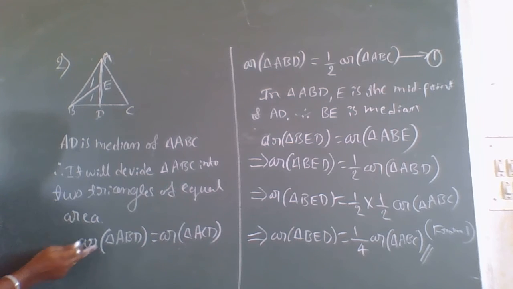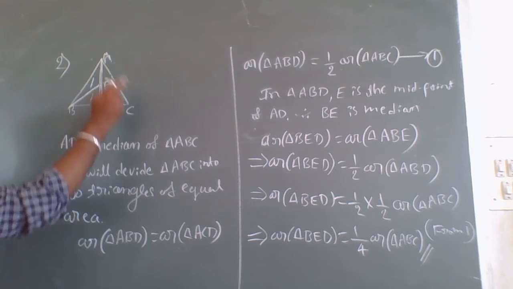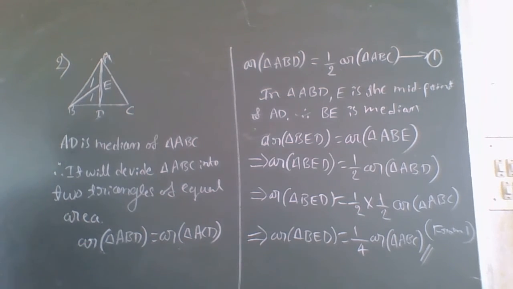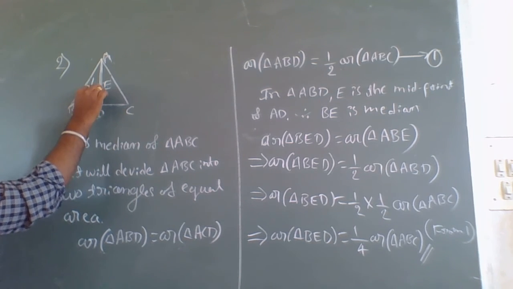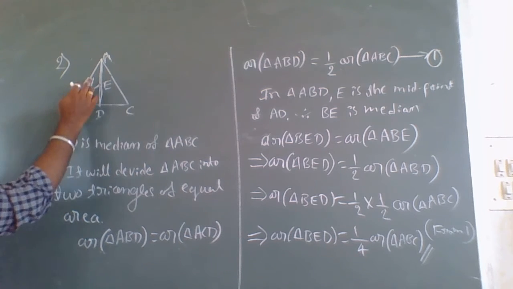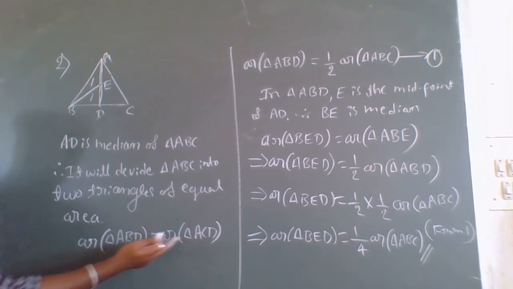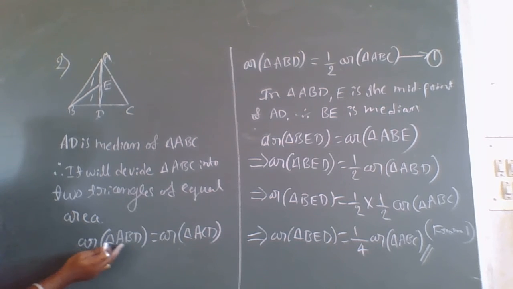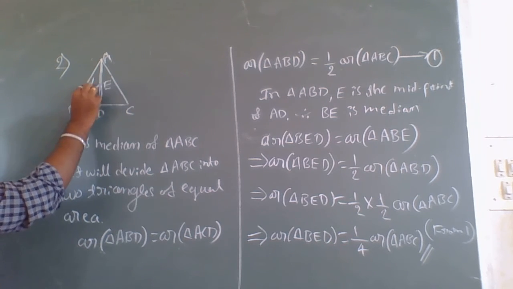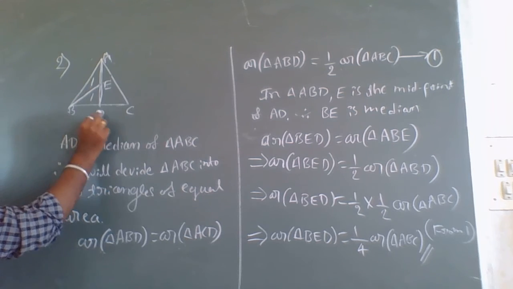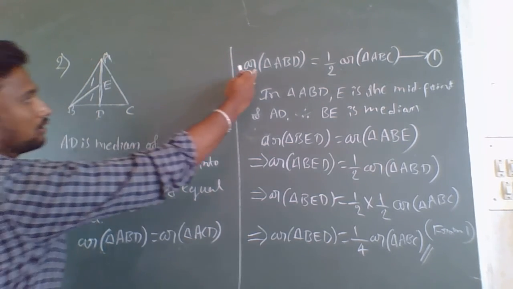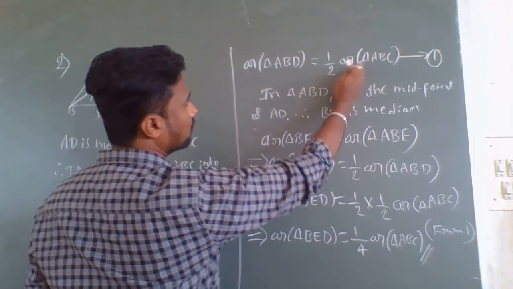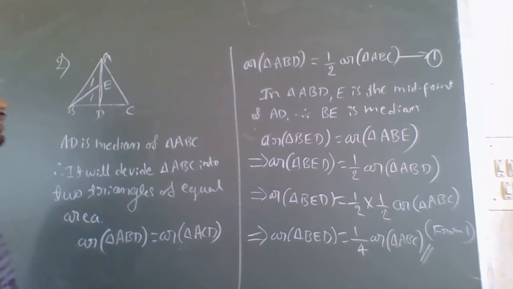So area of ABD equals area of ACD. If these two are equal in area, then area of ABD equals half of the area of ABC, and we will consider this as 1.